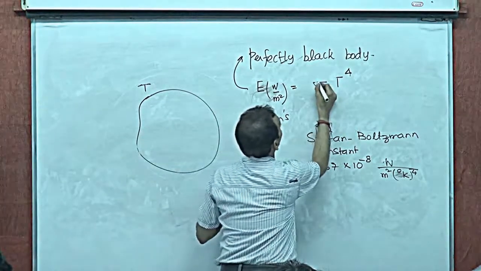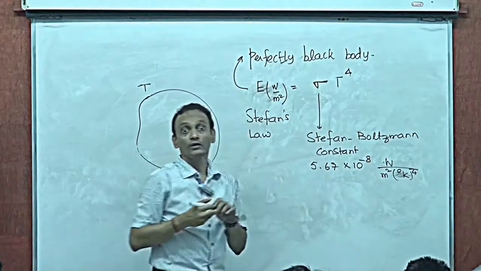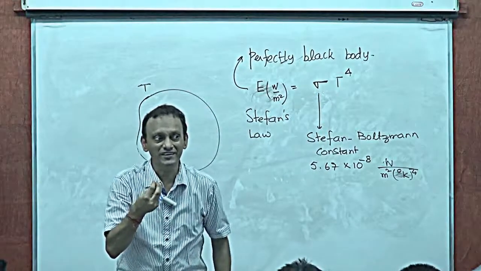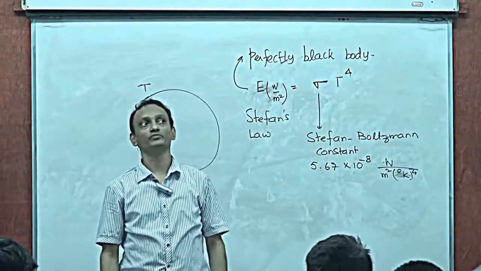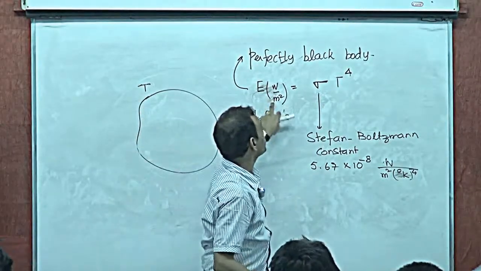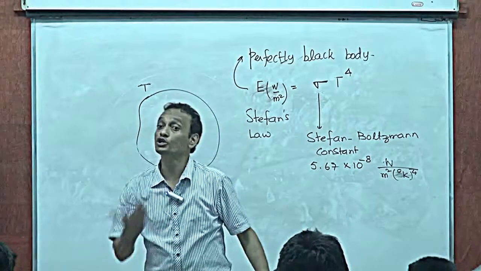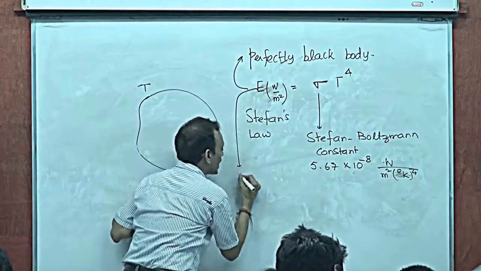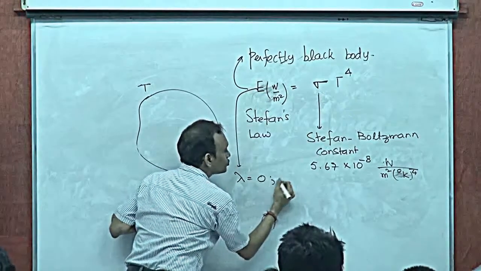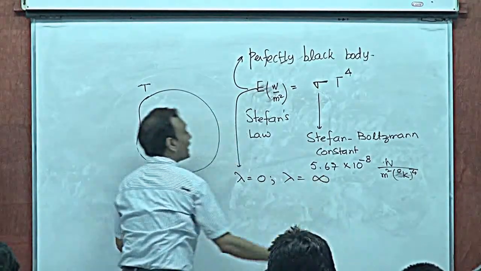And if they are in the form of electromagnetic waves, then they have a certain wavelength. This energy has a certain wavelength. In fact, this total amount of energy, these many watts per meter squared, contains all possible wavelengths, starting from lambda equal to 0 to lambda equal to infinity.